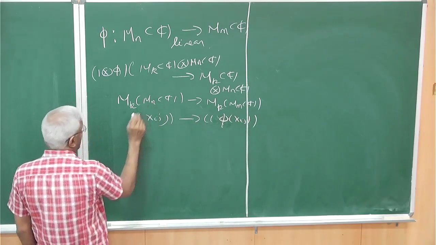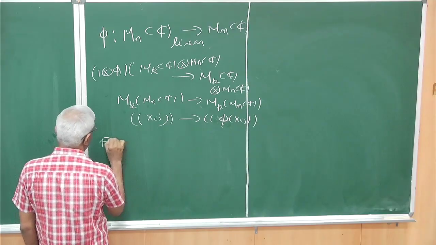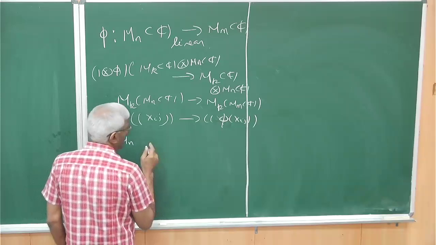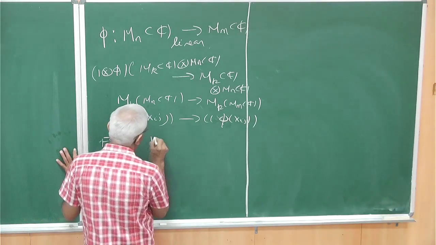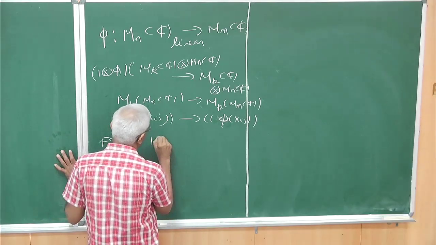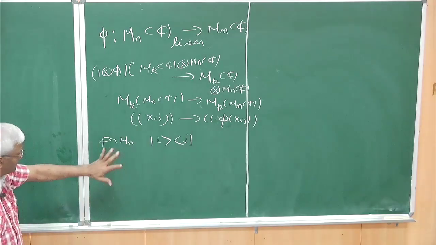So for M_n(C), we have something called matrix units. Matrix units means we have rank 1 operators, |i><j|. You can call it E_ij or whatever.